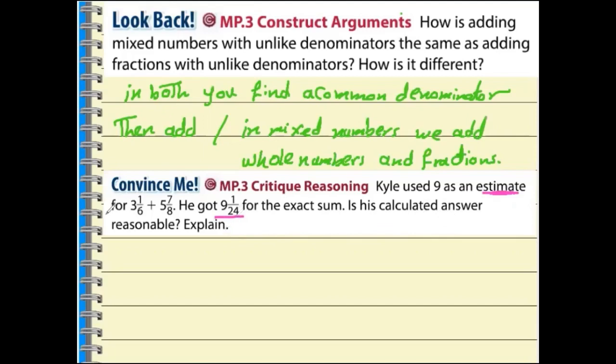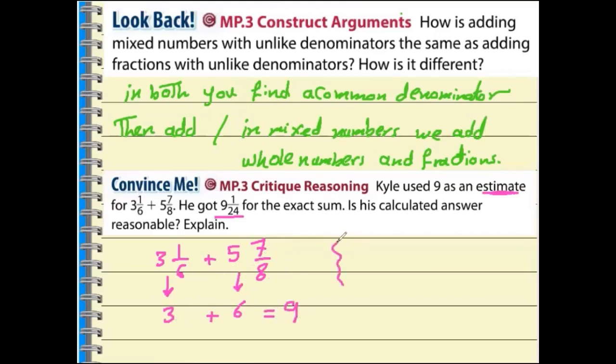So we have in here 3 and 1 over 6 plus 5 and 7 over 8. 3 and 1 over 6, guys, is very close to 3. 5 and 7 over 8 is very close to 6. So 3 plus 6 equals 9.